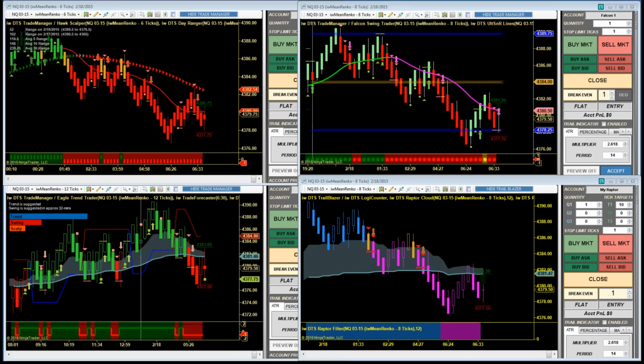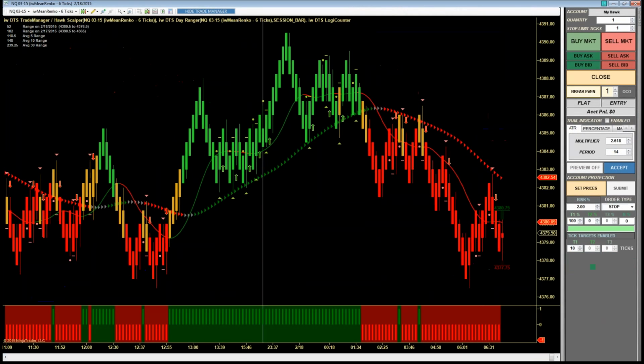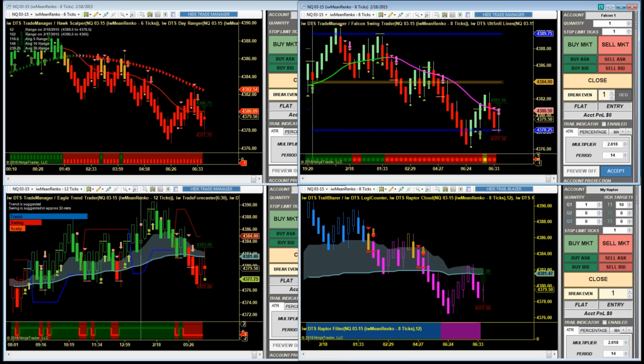Well, it's not working so well because the market conditions have changed and you're trying to use the same tool in a different environment. It's like my grandfather used to say, if the only tool you have is a hammer, then you tend to see every problem as a nail. And this is where DTS comes in, is we have three different hammers for three different nails.